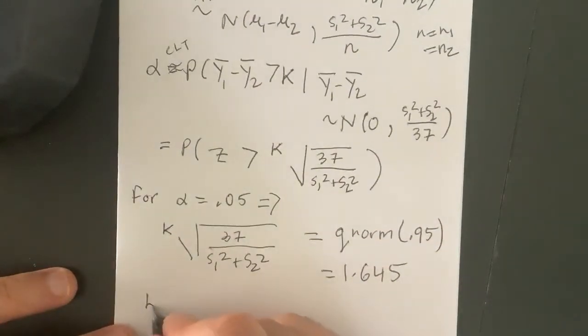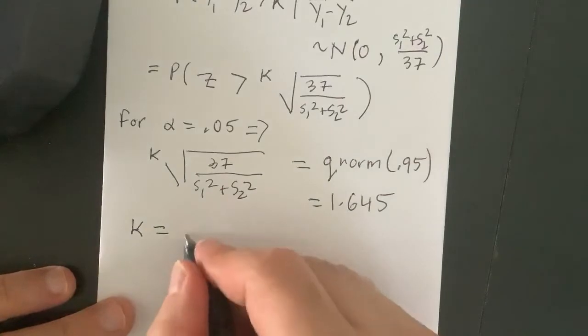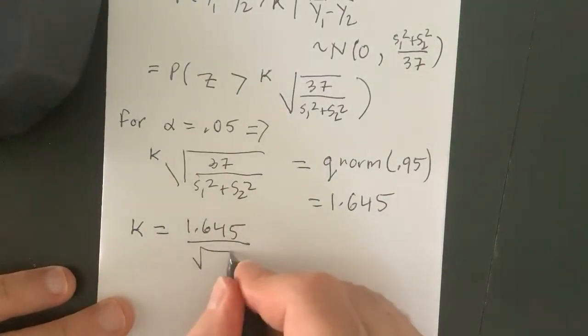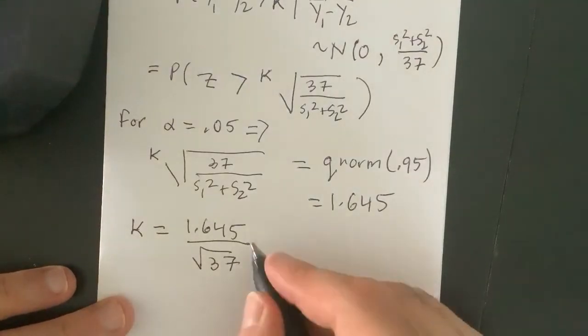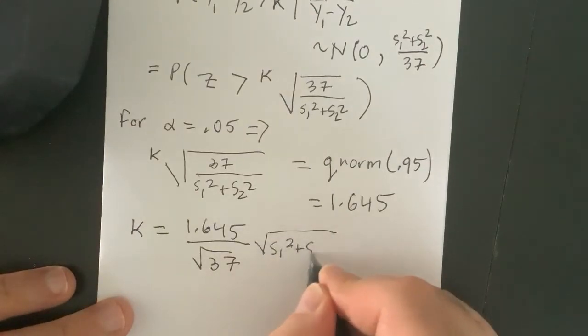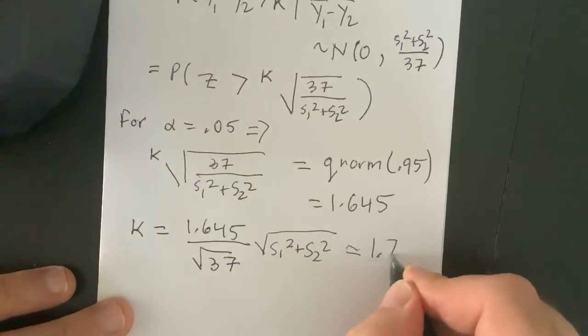So k equals 1.645 divided by the square root of 37 times the rest of the stuff, square root. I actually never did this piece out separately here, I don't think. And I get this is equal to 1.702.